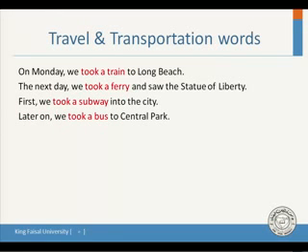Later on, we took a bus to Central Park. We took a bus. Again, the verb took. Notice this sentence: we got off the bus. So you take a bus, then you get off the bus. You leave. You get off the bus at the park. When the bus stops, you get off the bus.